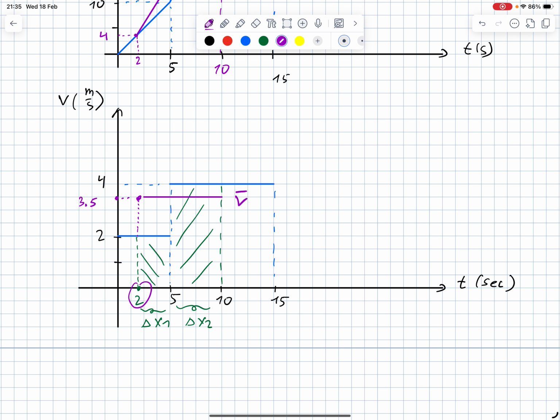Okay, from 2 to 5, 3 times 2 is 6. 5 times 4, 20, 26. And what was the mistake? 3.5.